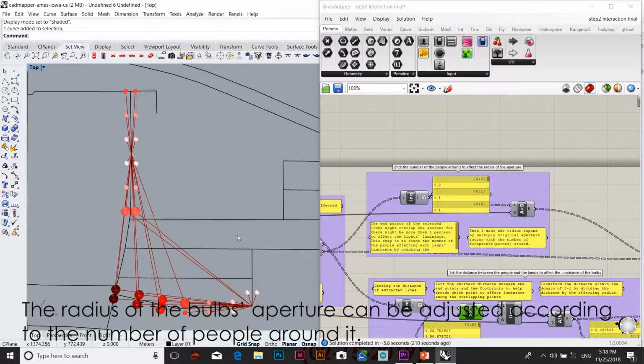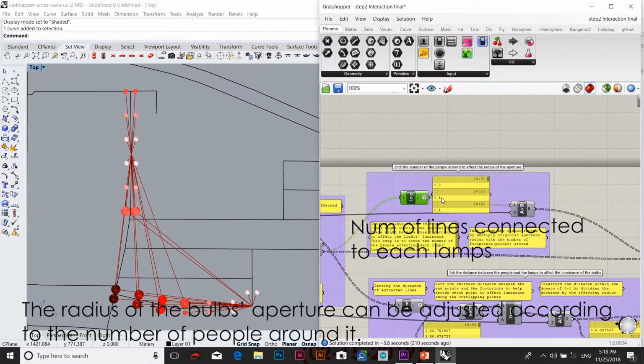The second one is that the radius of the lamp's aperture can be adjusted according to the number of people around it. I got this by using the list length component to get the list of the number of lines connected to each lamp, and let the number decide the radius of each lamp.